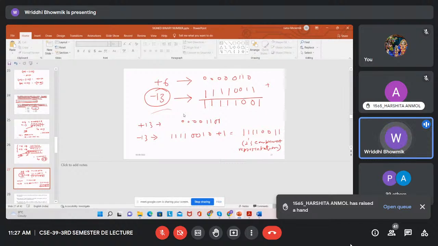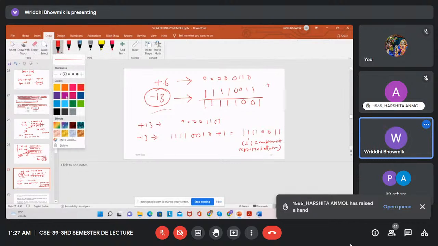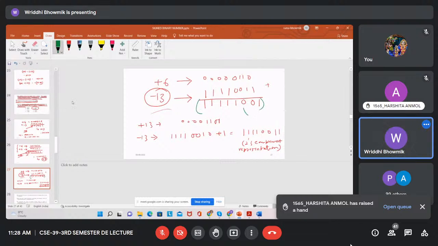Here minus 13 is represented in the 2's complement form, and the result you obtain is also a negative number. So this number is automatically in 2's complement form. So this is the 2's complement of minus 7.